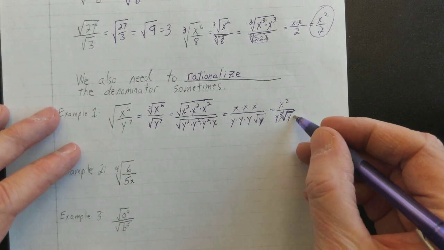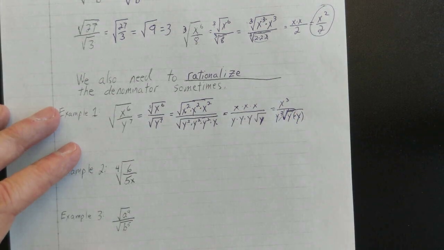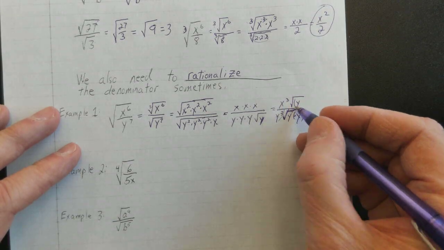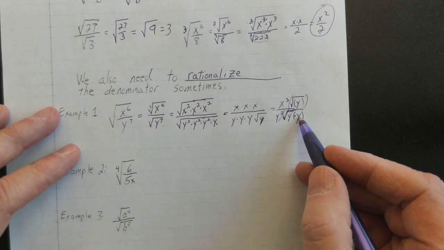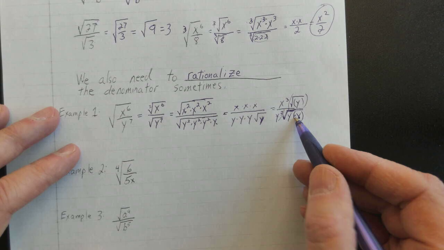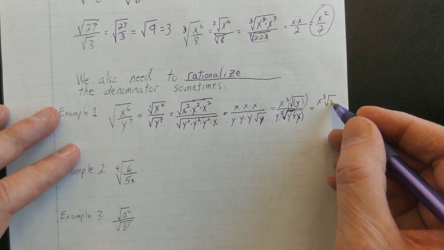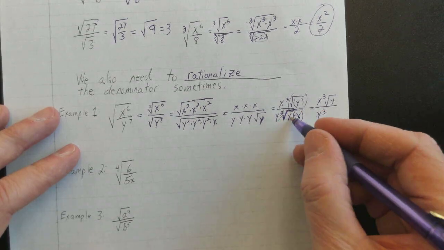I'm going to put it in here. But I can't do it just to the bottom. I got to do it to the top as well. Everybody with me on that? I needed another one down here. So now I've got x cubed square root of y. I got the y to the third here. And what's the square root of y times y?